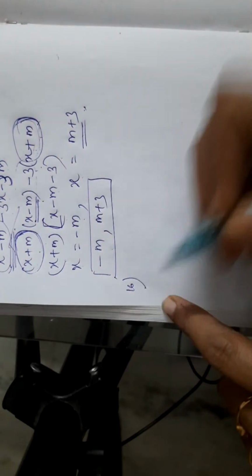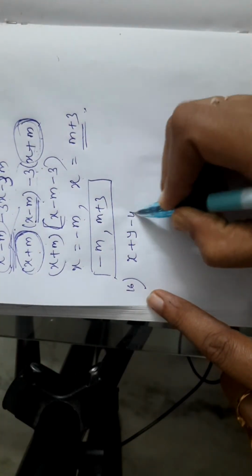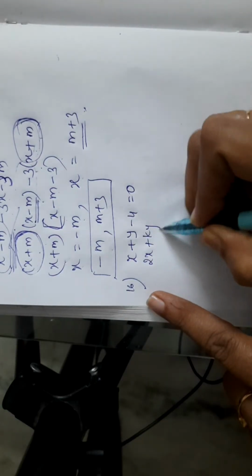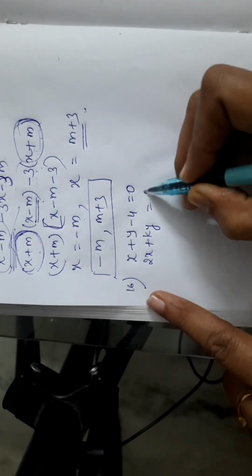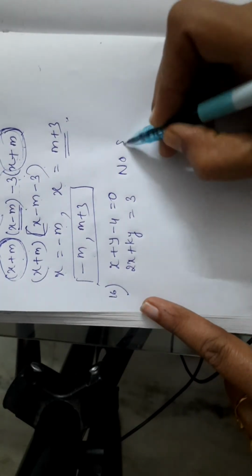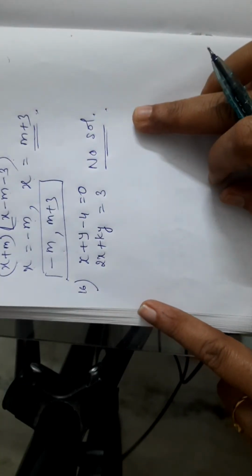Now the 16th question, here it is given x plus y minus 4 is 0, 2x plus ky is equal to 3. The condition given is no solution. So for no solution, what is the relationship?